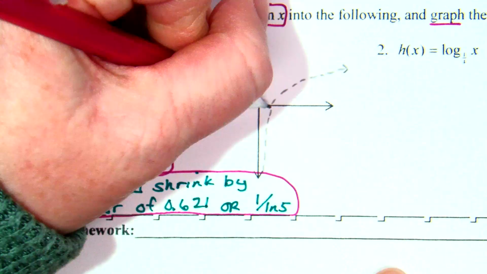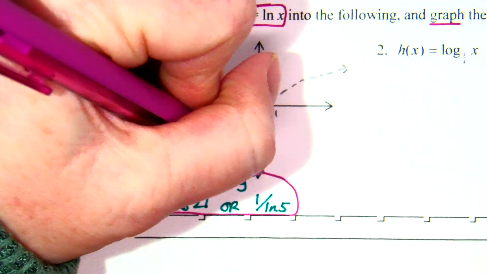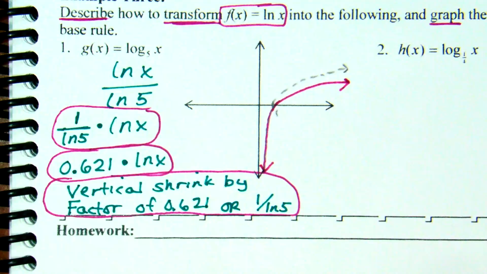If something shrinks, it's going to be pulled down, closer to the x-axis. That's what a vertical shrink does. If it was a stretch, it would go more above. But it'll still hit that same spot on the x-axis.